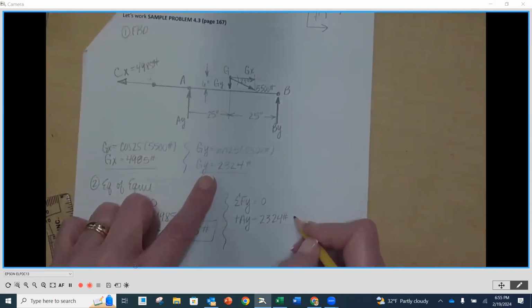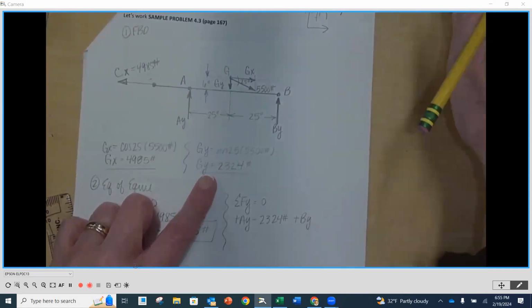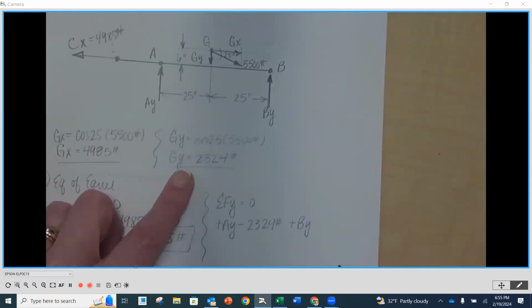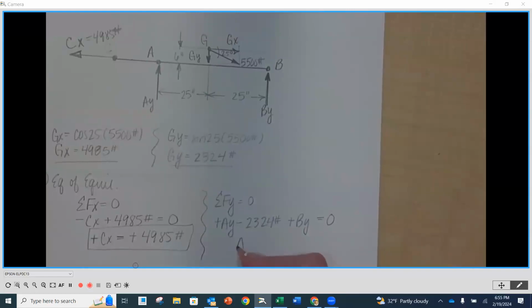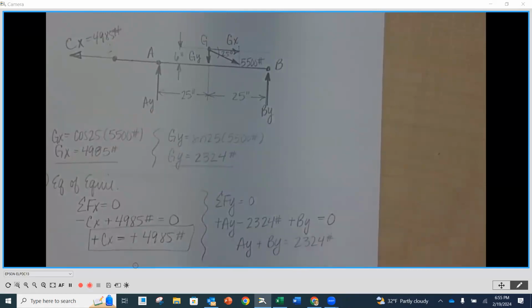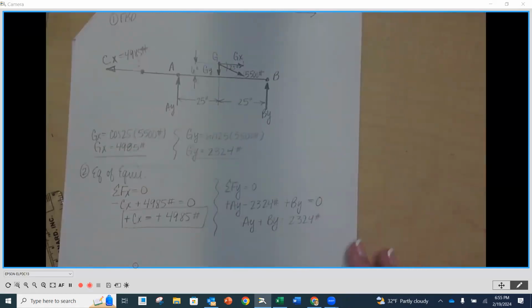And then we have plus BY, right? Plus BY. So those are our sum of our forces in the Y, and we set that equal to 0. And now I'm going to put that to the other side. I'm just going to say AY plus BY is equal to 23.24 pounds. And we just need to stop there for right now.